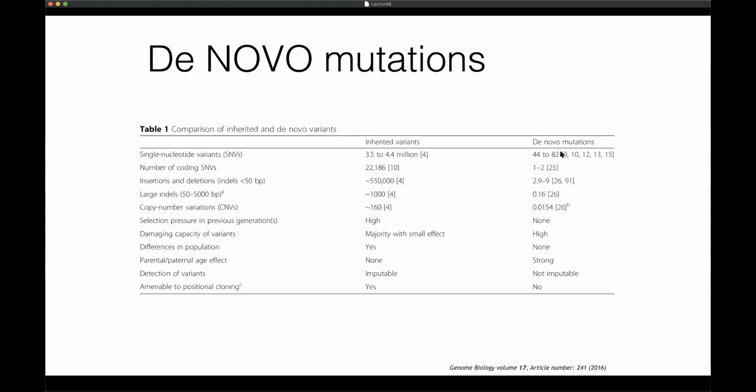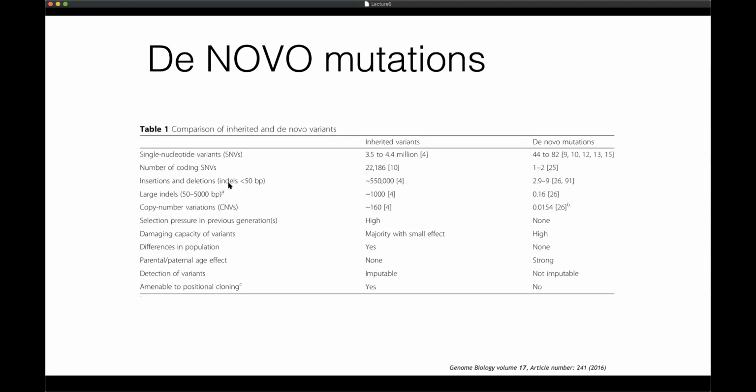Every individual, on average, gets a much smaller number of de novo mutations that are unique to them, somewhere in the order of 44 to 82. If you start breaking them down into what type of variants there are, there's a single nucleotide variant. This is about 22,000 in an average individual compared to the reference genome, versus 1 or 2 de novo.